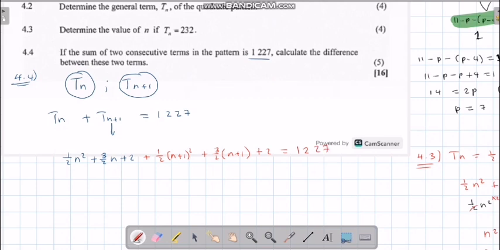Then let's simplify. 1 over 2 n squared plus 3 over 2 n plus 2, plus 1 over 2 into n squared plus 2n plus 1, plus 3 over 2 n plus 3 over 2 plus 2 equals 1227. Okay, let me transpose that, minus 1227 equals 0.